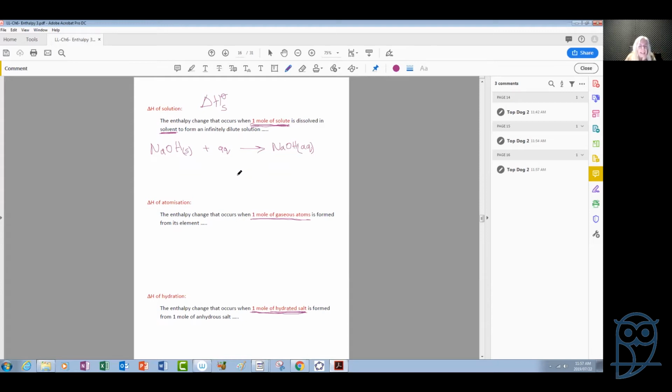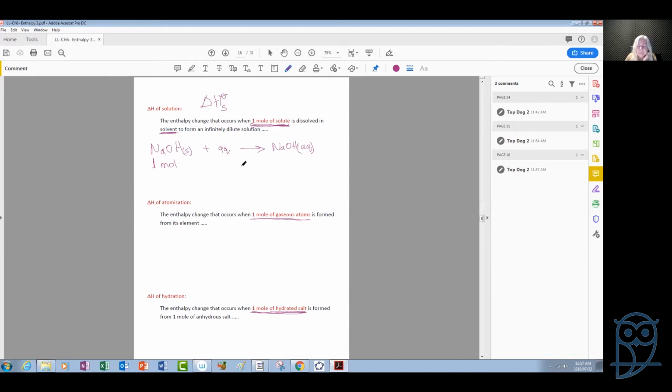So 1 mole of solute, what is the solute here? This is the solute. So we need to have 1 mole of that. If we have 1 mole of solute added into sufficient water, then there is a change in enthalpy, and in this case they don't give us a value.